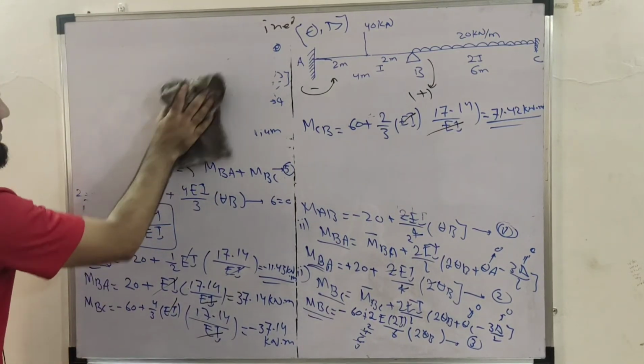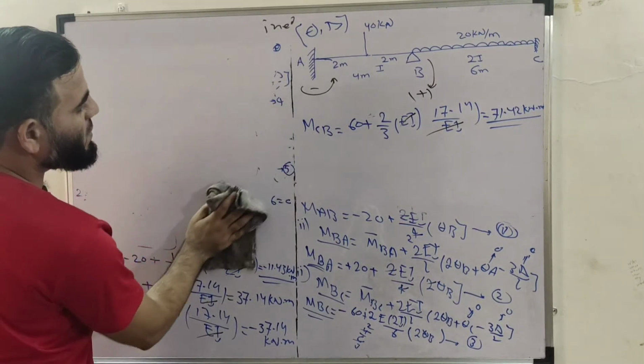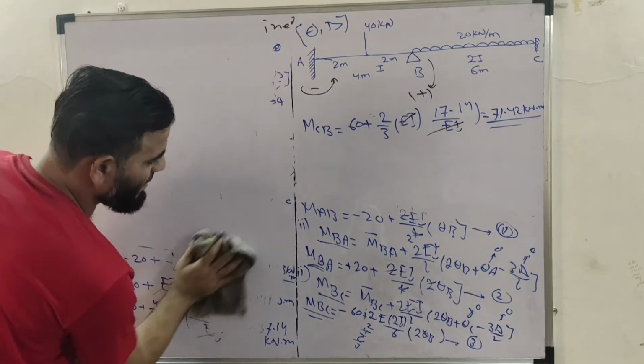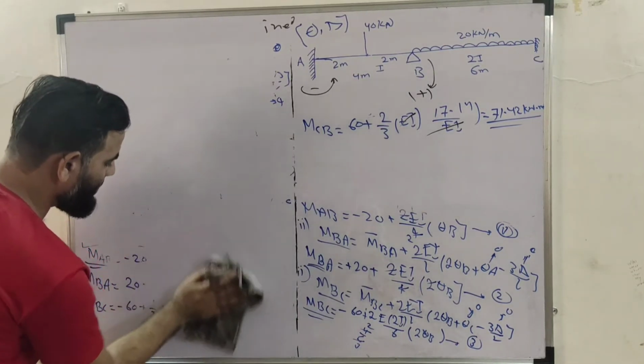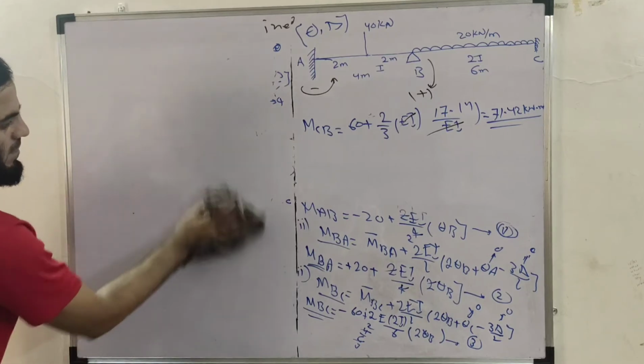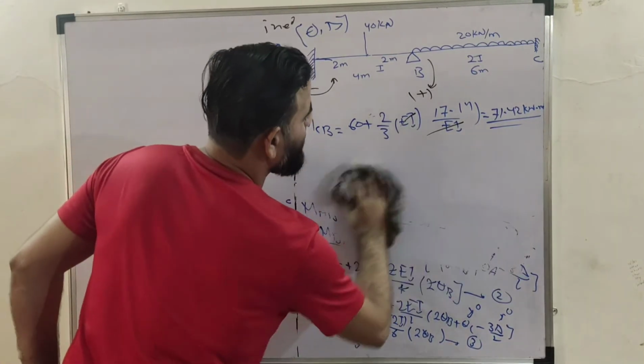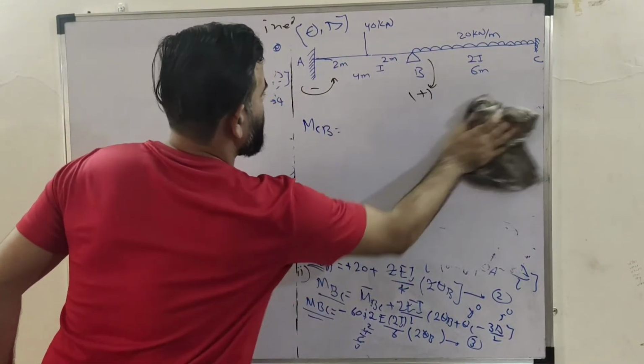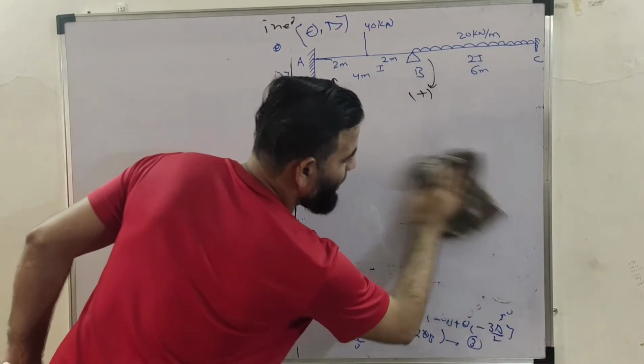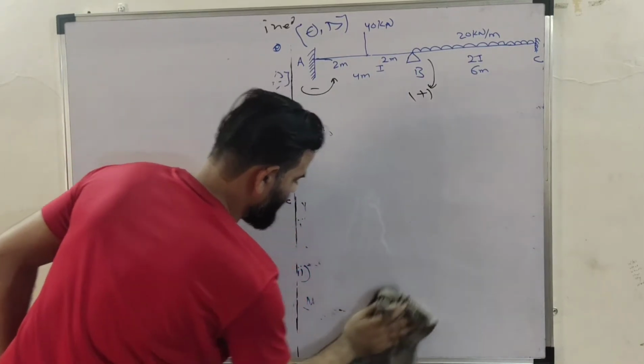Step number 5 is to draw the bending moment diagram.